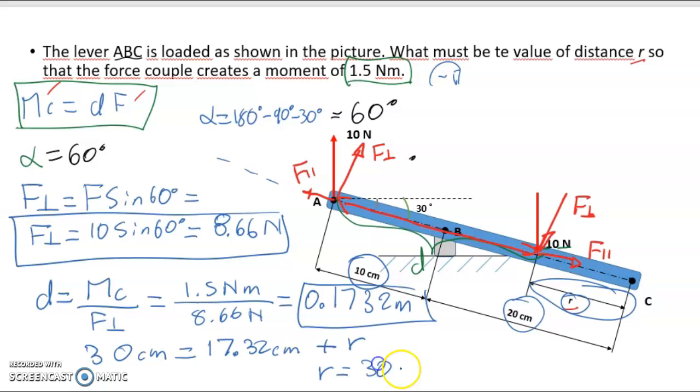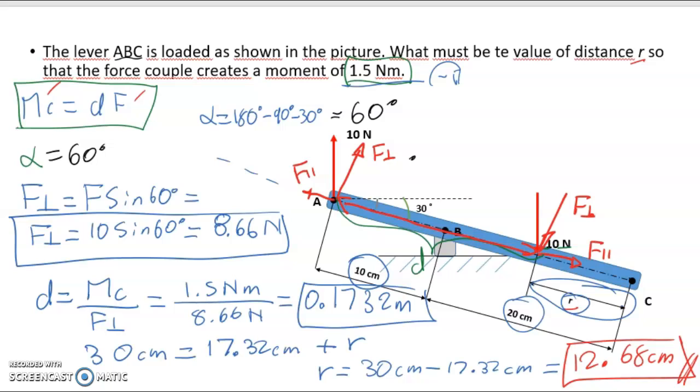It's going to be 30 centimeters minus 17.32 centimeters. That means the distance from here to here, where my force needs to be applied so that I obtain this moment, is 30 minus 17.32 centimeters. That's going to deliver a total of 12.68 centimeters. We are ready.